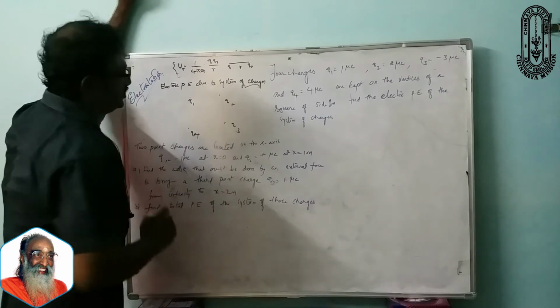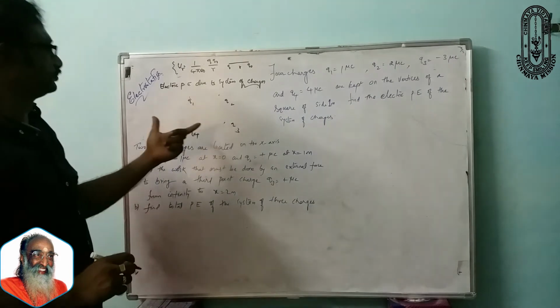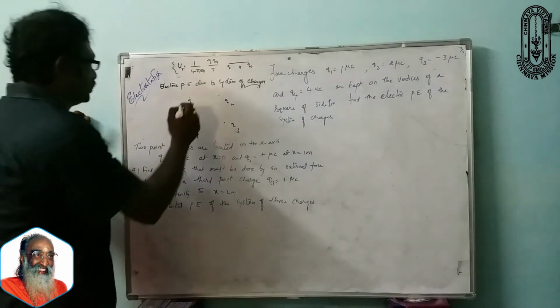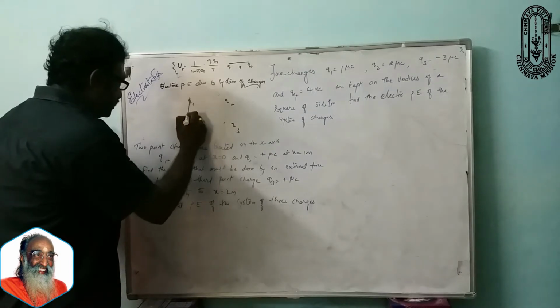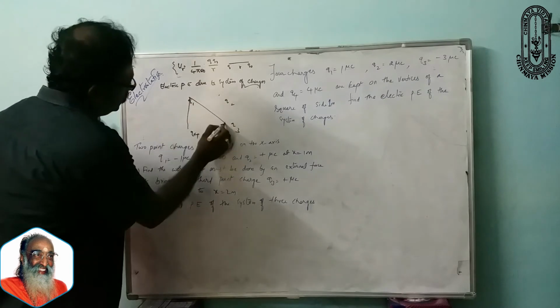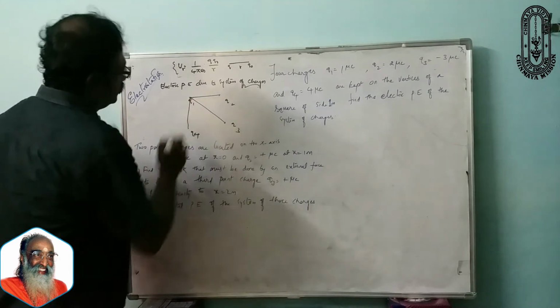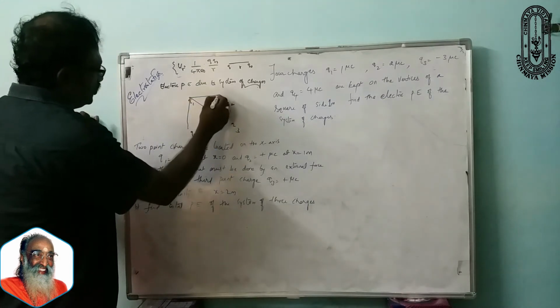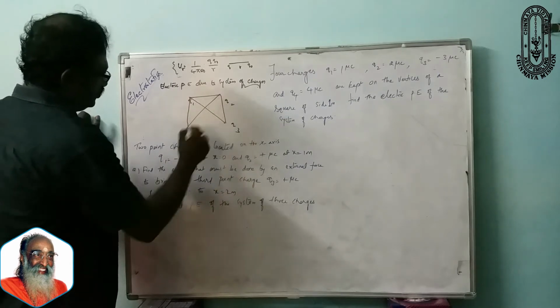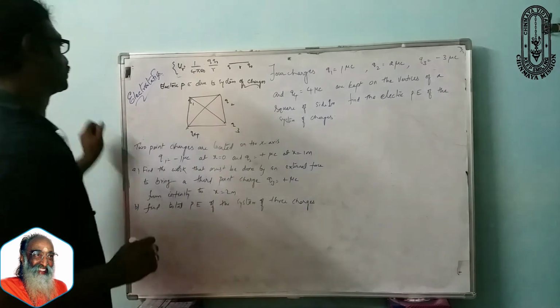What is the electric potential energy of this system? So we need to know the distances between Q1 and Q4, Q1 and Q3, Q1 and Q2, and similarly Q2 and Q3, and all these distances we should know.